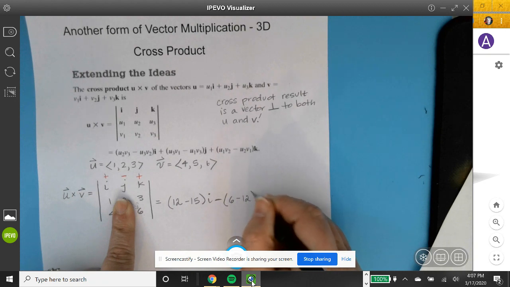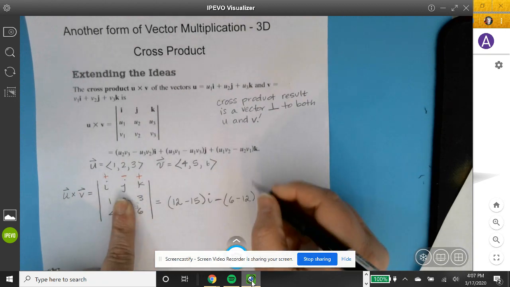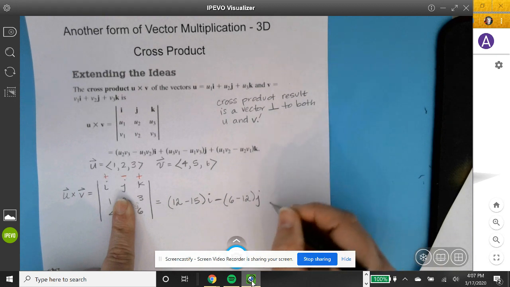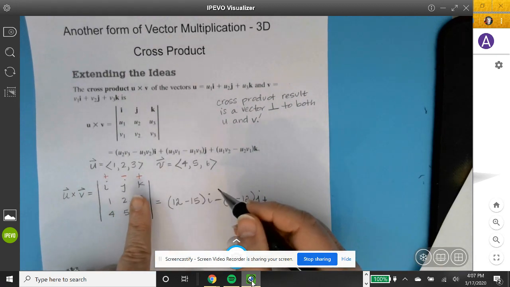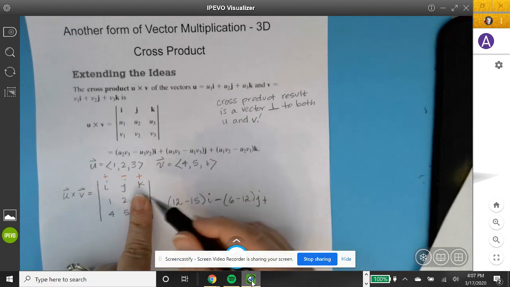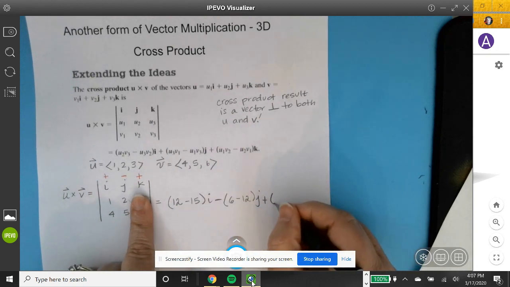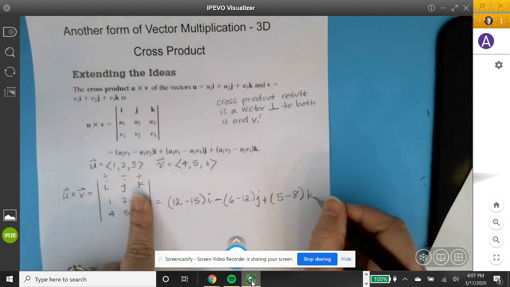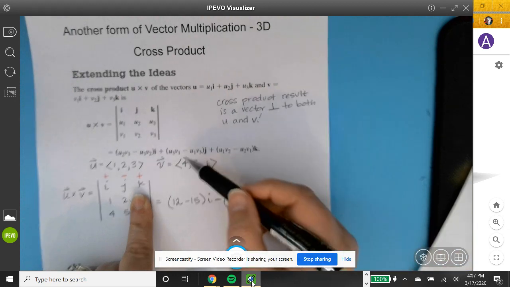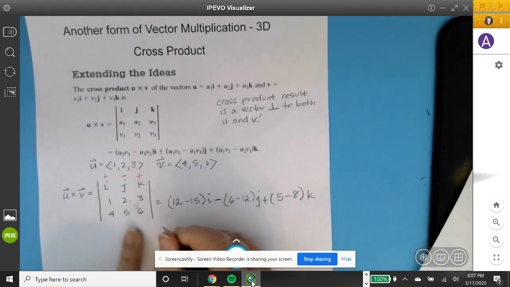So it's 6 minus 12, j, plus, because I'm using the plus column now. Here we go. I'm going to move my finger here, and then we're going to cover up the k column. And now we're going to multiply down, which is 5, and then subtract the multiplication going up, which is 8, k. And you'll see that this works out to be the same formula.